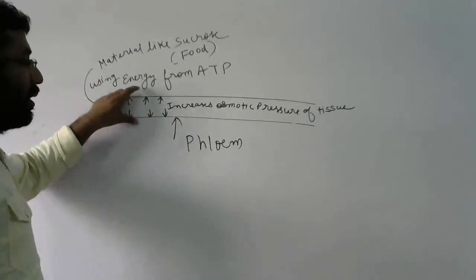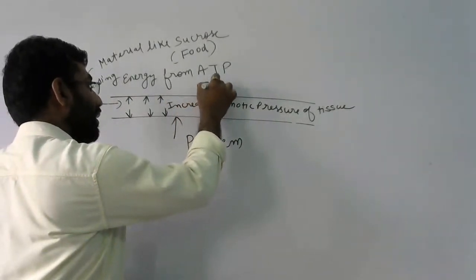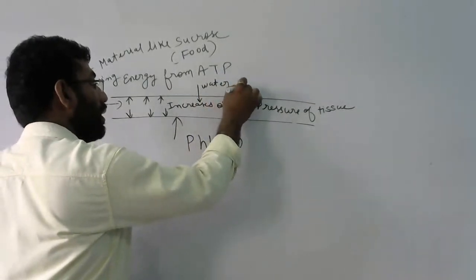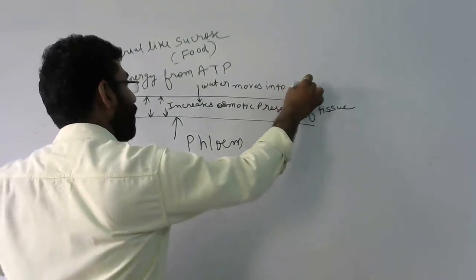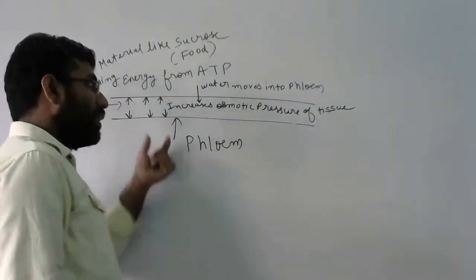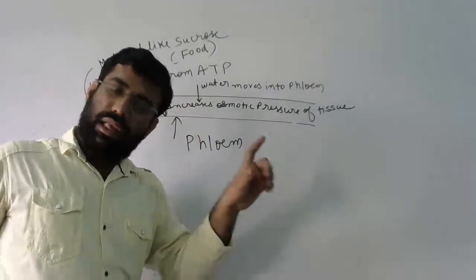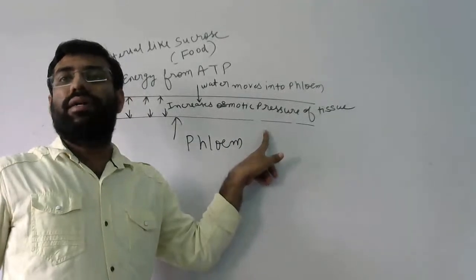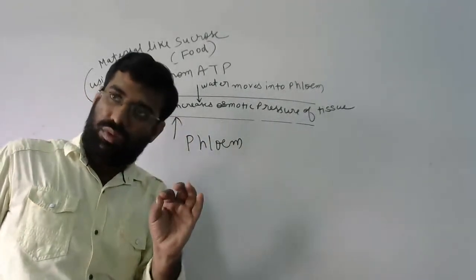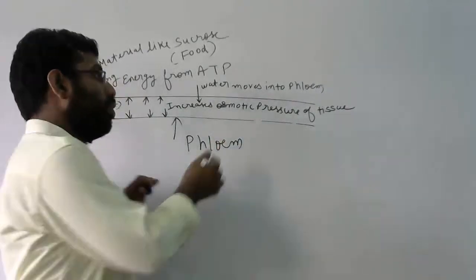Whenever food is transferred to phloem, that increases the osmotic pressure of the tissue, and whenever the pressure increases, what comes from nearby tissue? Water. Water moves into the phloem, and this water will carry the food to those tissues which have less pressure. Less pressure means what? Those tissues which contain less food.